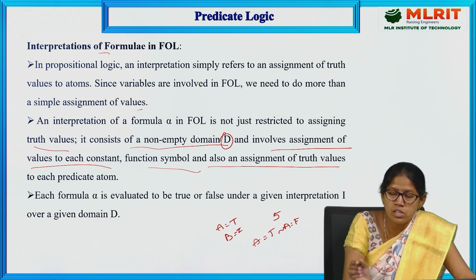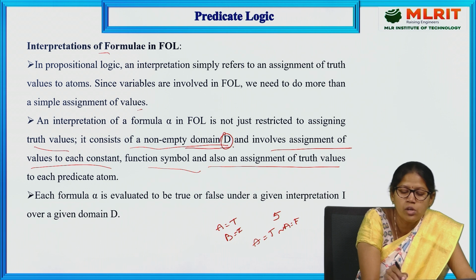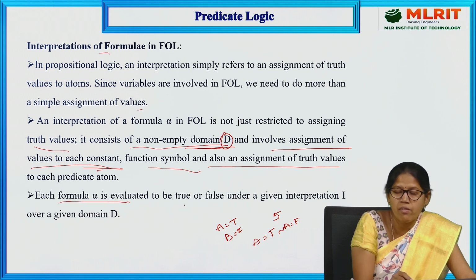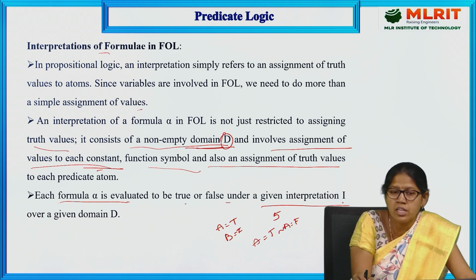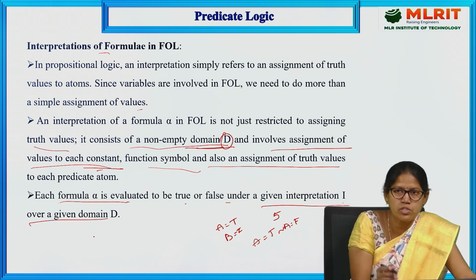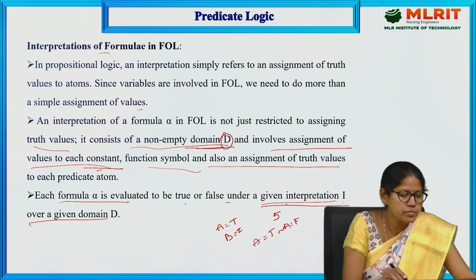So in addition to assigning the truth values, we have the domain values and also constants. Each formula alpha is evaluated to be true or false under a given interpretation I over a given domain D. Based upon the domain D, we have to interpret.